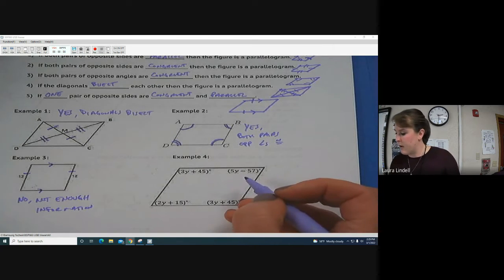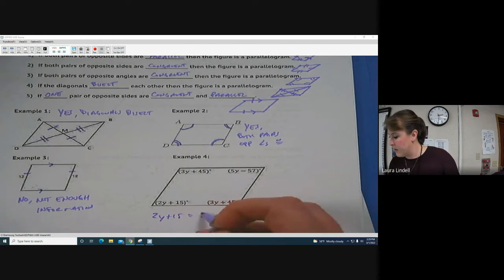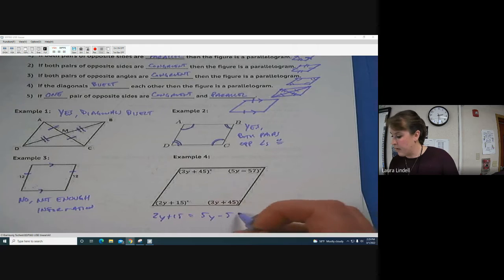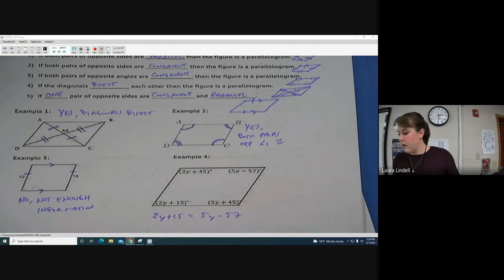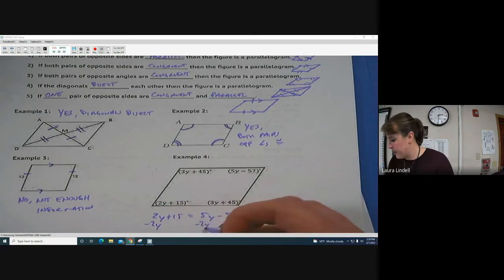But in this case, I think I'll start by trying 2y plus 15 equals 5y minus 57. So then we want to go ahead and solve this. So we go minus 2y on both sides.